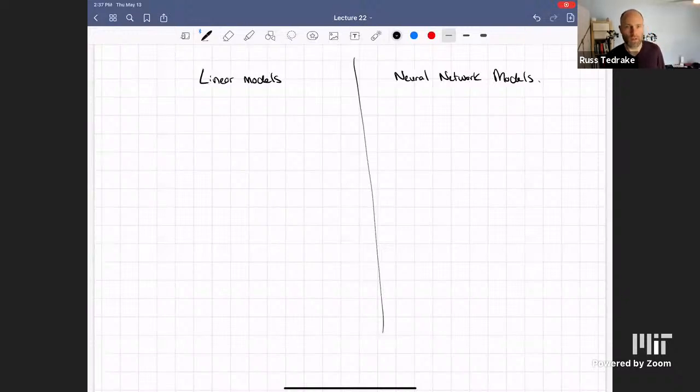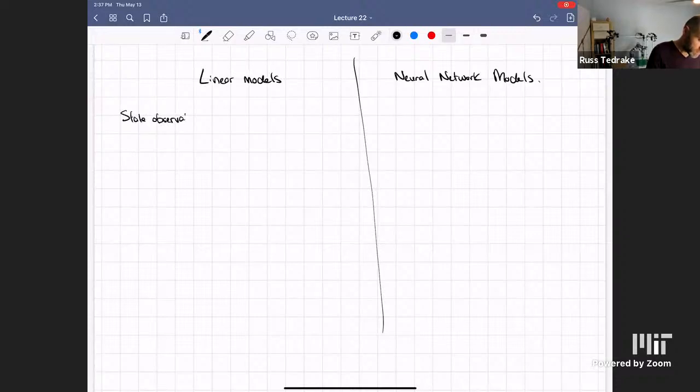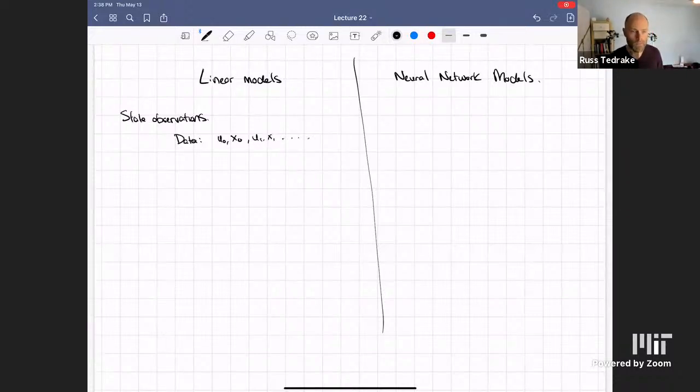The first case is when we have state observations. So we have data that comes in the form U0, but we also have X0, U1, X1, and so on and so forth.